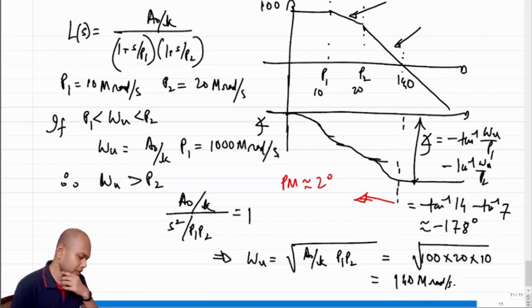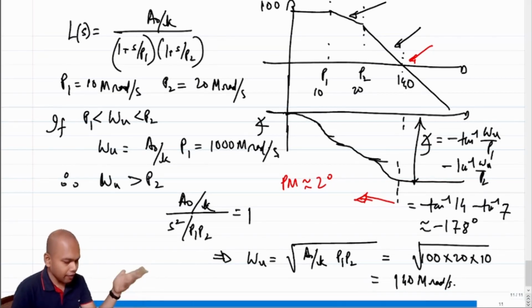So if I have to fix this, then what should I do? If I have to increase the phase margin, let's say I want to ensure that the phase margin is at least 45 degree, right? Then what should I do? So what is the problem? The problem seems to be that by the time I am hitting the UGB, around the frequency of omega UGB, I already have a lot of phase lag, right?